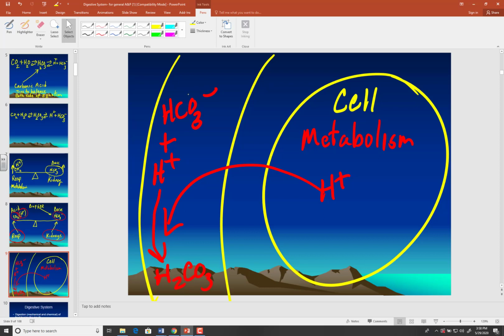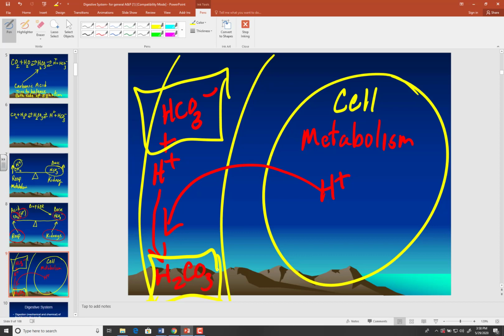What can grab them and lock them up so they're not free-floating? Our buddy, our pal, bicarbonate. So bicarbonate will grab them as those hydrogen ions are dumped into the blood and then lock them up in carbonic acid. Now, here's the big question.